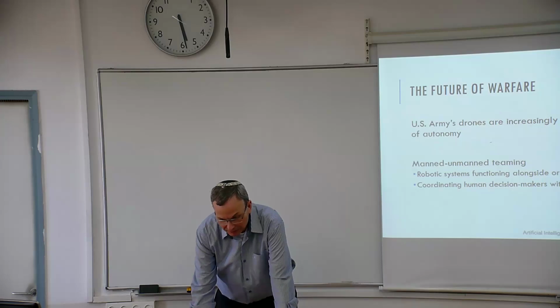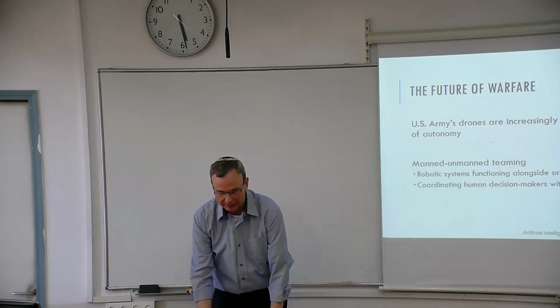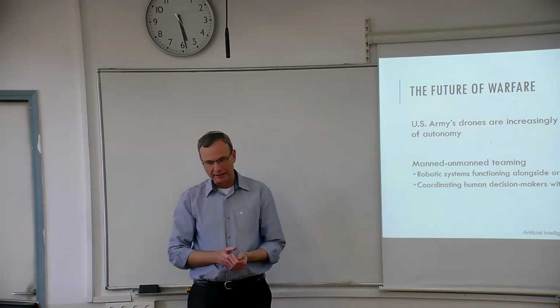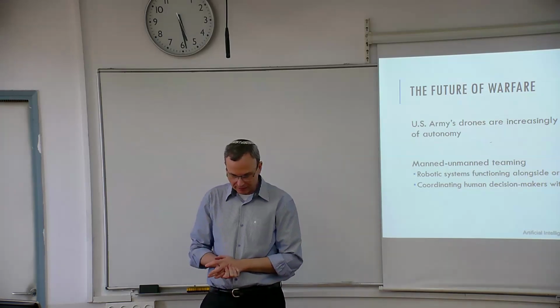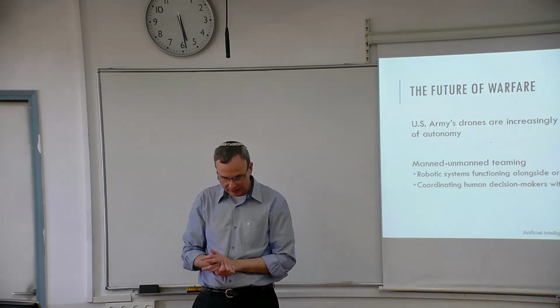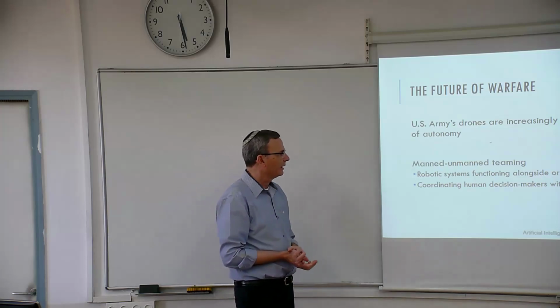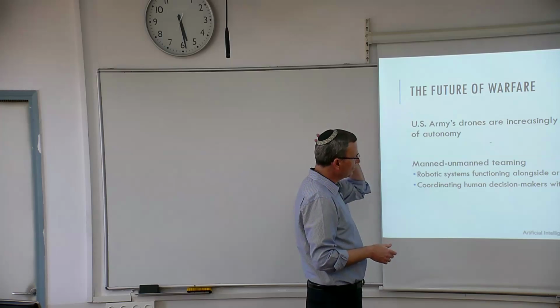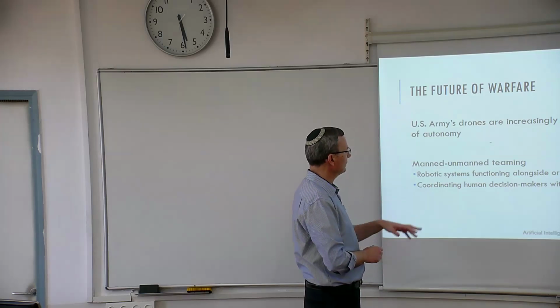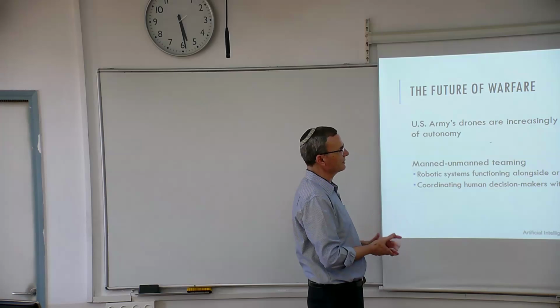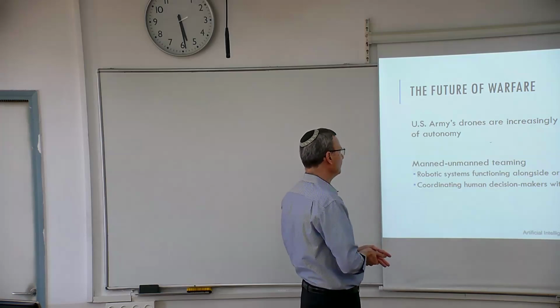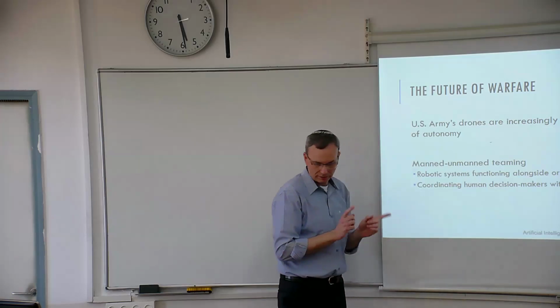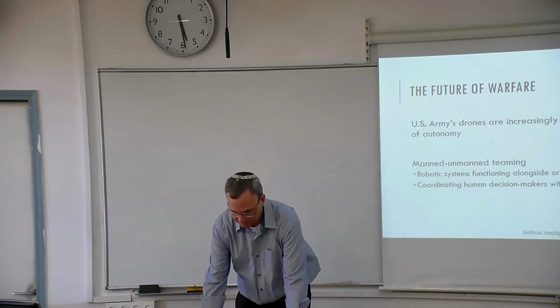So this raised some questions, because army drones are increasingly capable of much greater levels of autonomy. And still, the concept of the US Army now is the robotic system functioning alongside or in tandem, as I said, with the main forces, and they coordinate with each other.